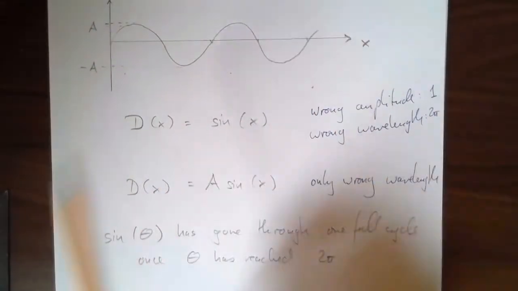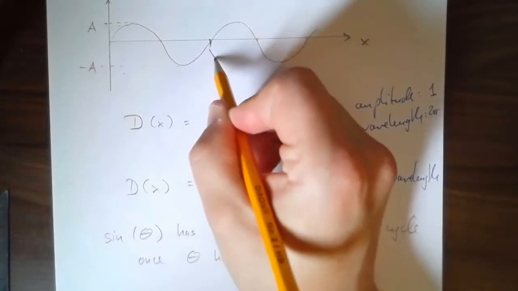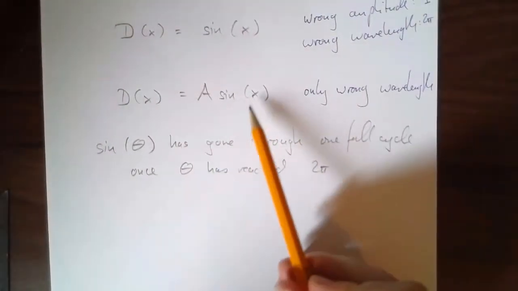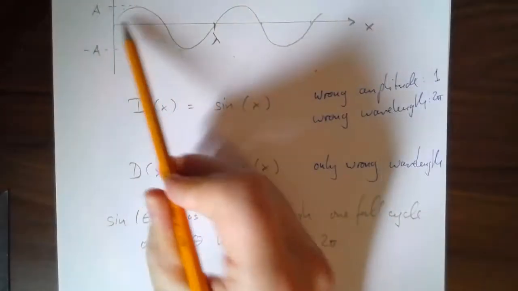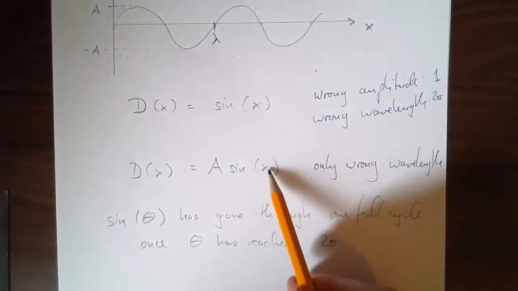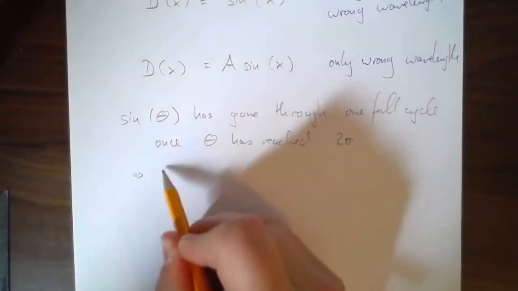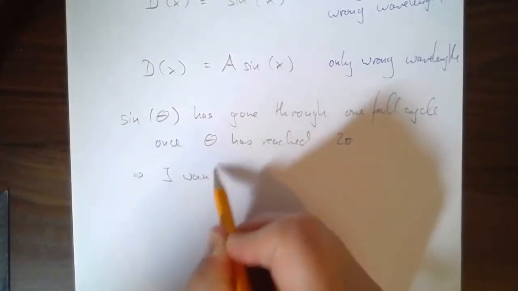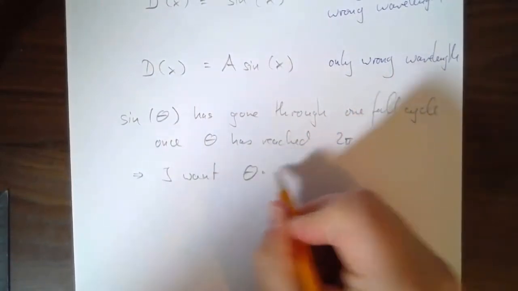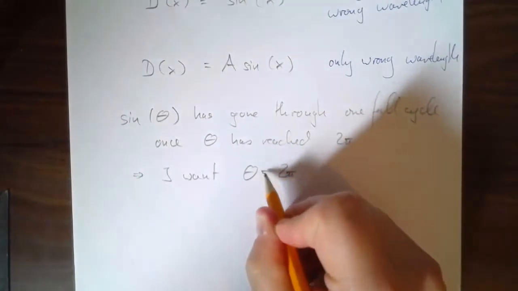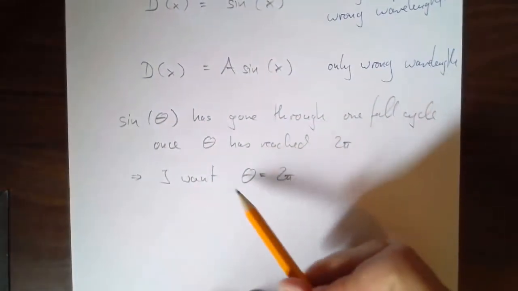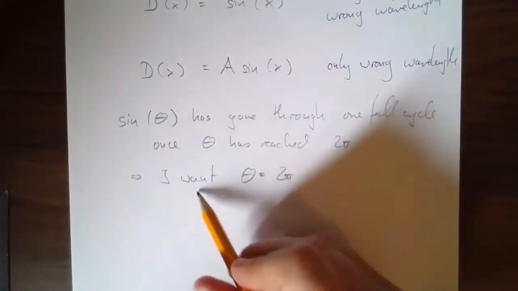So how do I make that happen? How do I make it that this here is lambda? Well, I want the thing inside the sine function to be equal to 2 pi when x equals lambda. So theta is my argument of the sine function, also known as my phase.